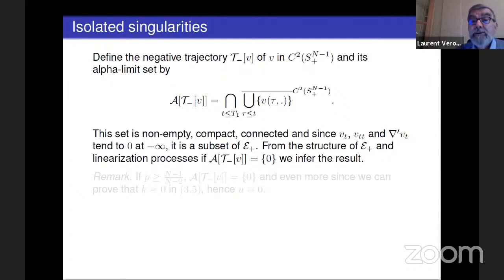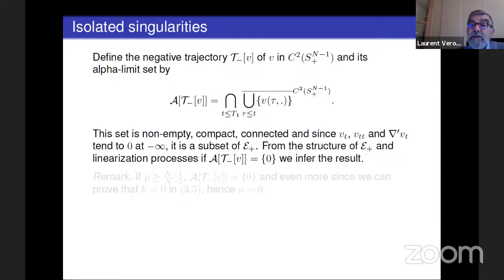Because of all the a priori estimates, the set is non-empty, compact and connected. So this is a property for all limit sets, also limit sets of closed trajectories. Now we know that V_t, V_tt, and delta prime V_t go to 0 at minus infinity.